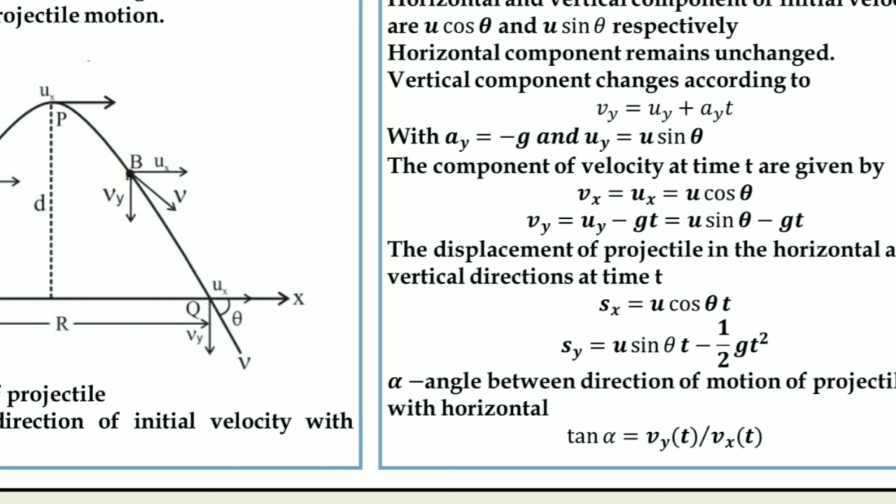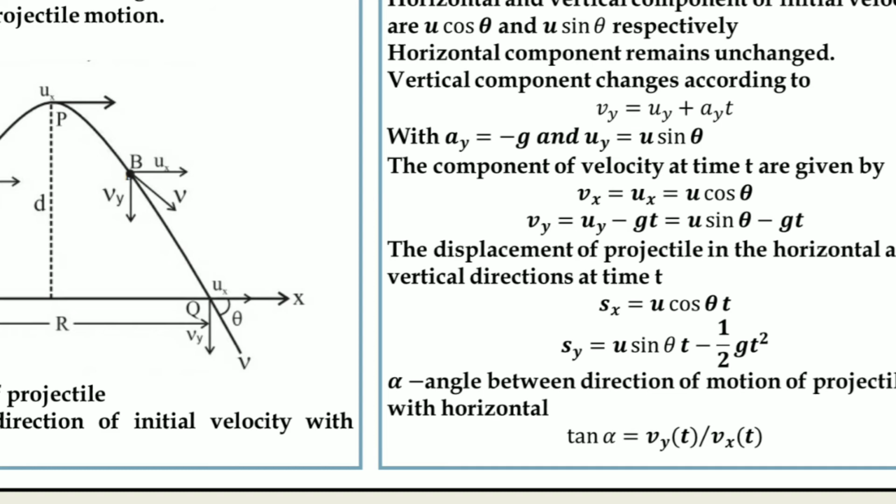The velocity along the x direction is the horizontal velocity, and Sx is the horizontal displacement, which is equal to u cos theta t, and Sy is equal to u sin theta t plus half g t square. This equation we have discussed in the equations of motion.